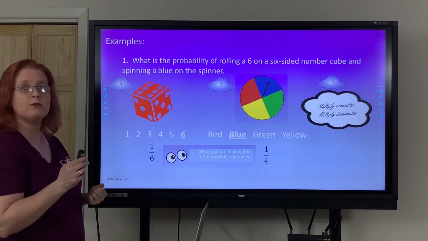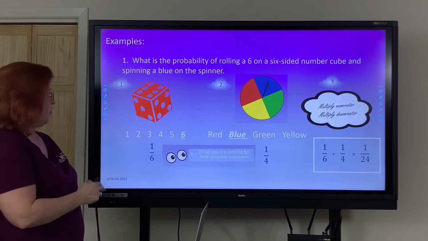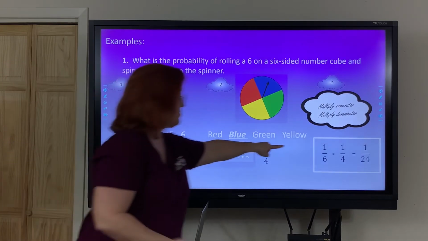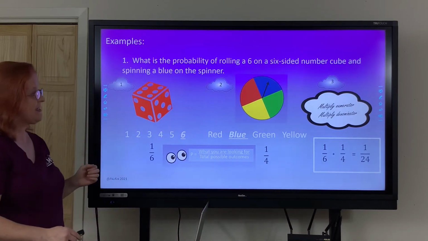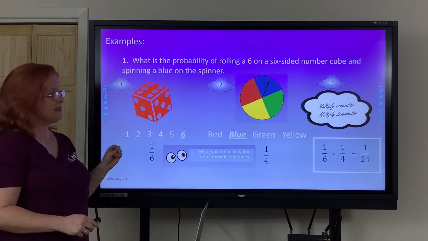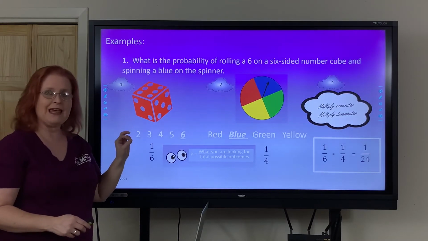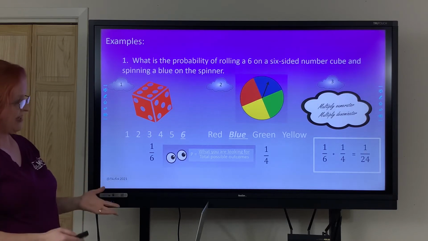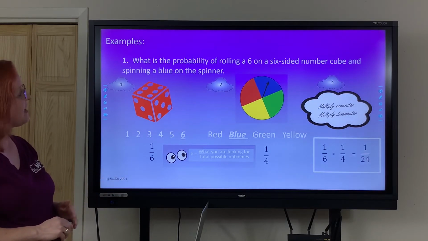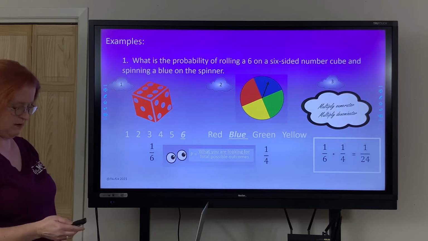Just multiply the numerators, multiply the denominators. So 1 times 1 is 1, and 6 times 4 is 24. And so 1 time out of 24 would theoretically happen. That's all you have to do to find compound probabilities. All right, let's look at another example.